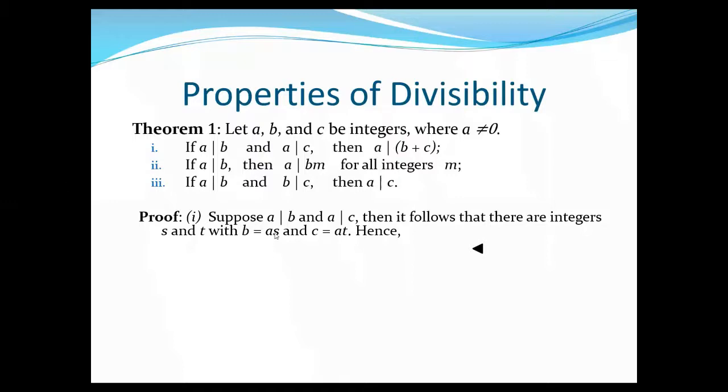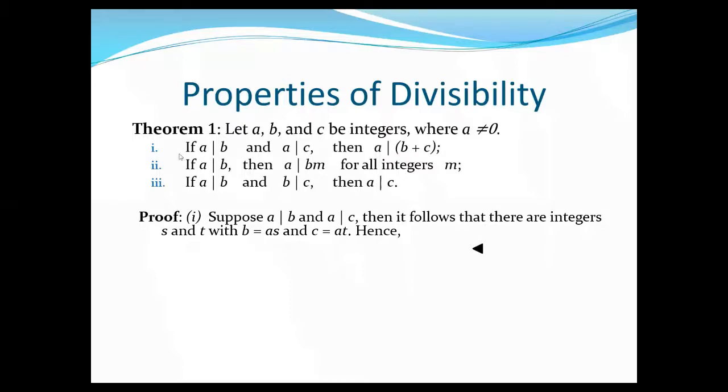So S will be multiplied to A to yield B. Here, we multiply A by T to yield C. So B is equal to AS and C is equal to AT. These are our two equations.